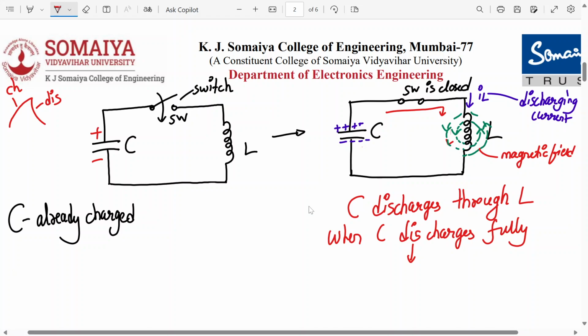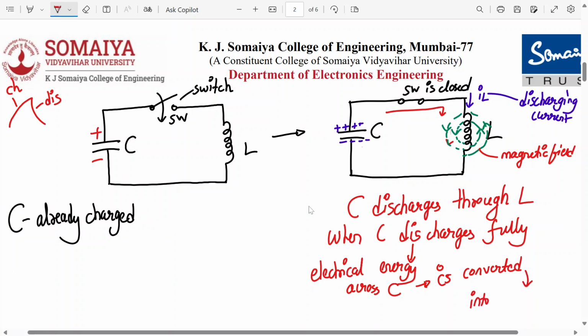When the capacitor is discharged fully, the electrical energy in the form of electric field across the capacitor is converted into magnetic field around the coil, around the inductive coil.